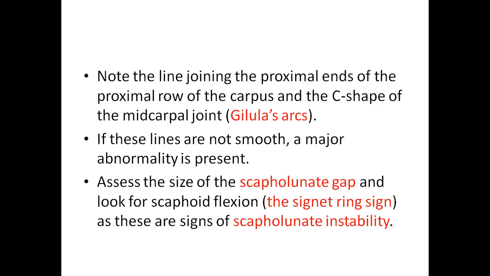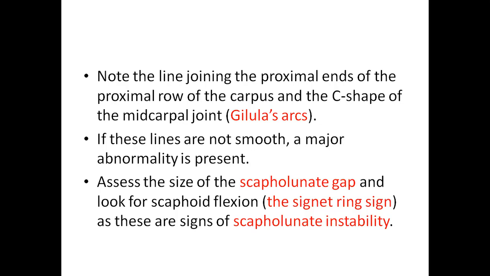Usually when there is gapping between the scaphoid and lunate, it gives a shape of a ring on the PA view, and that is known as the signet sign, or also the ring sign. Sometimes it is also termed in the literature as the cortical ring sign of the scapulolunate.